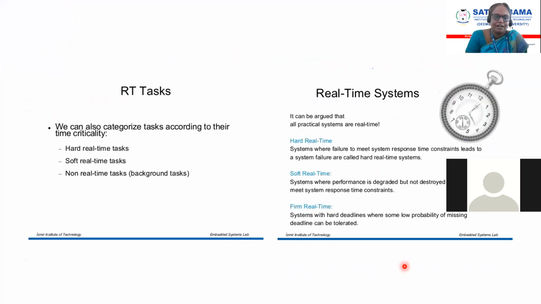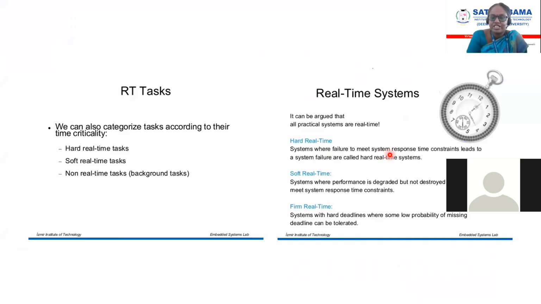I think I have explained hard RTOS, soft RTOS, and firm RTOS. Similarly in tasks also they are saying hard real time task, soft real time task, non real time task. Hard means hard real time task.